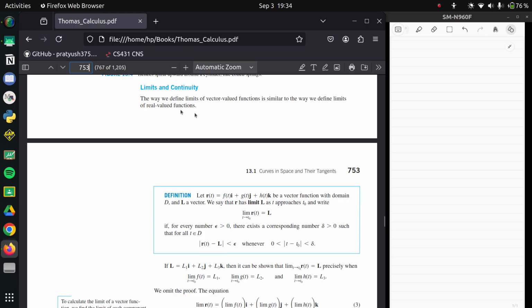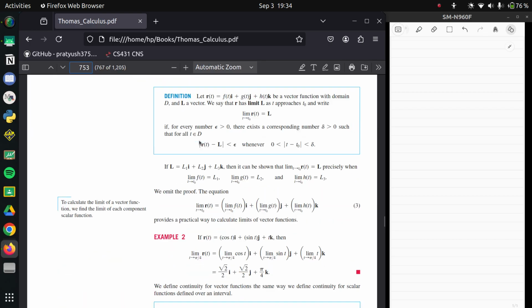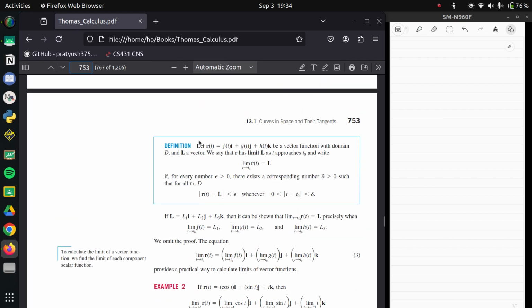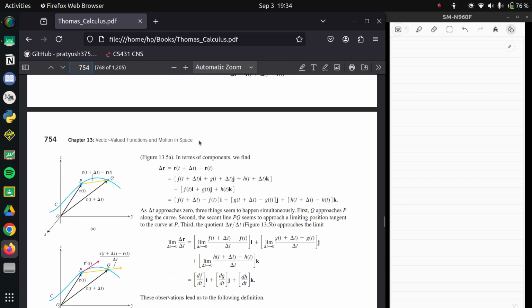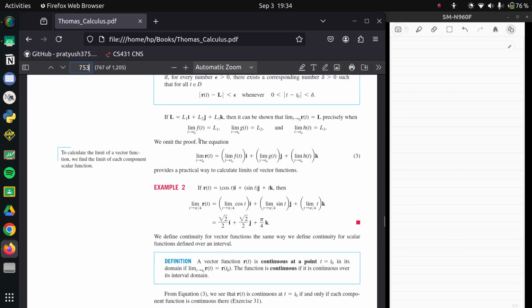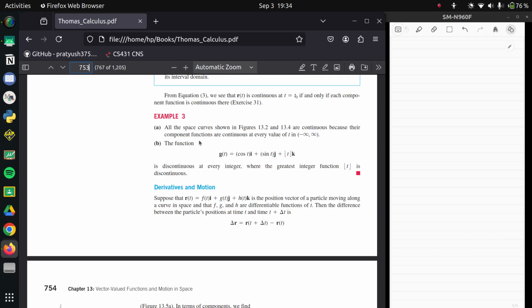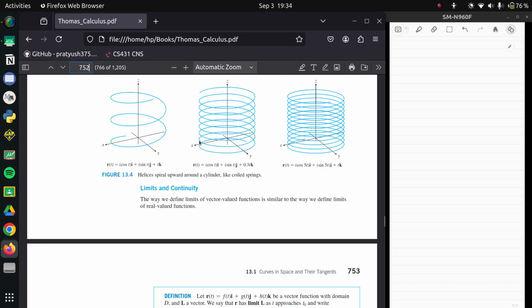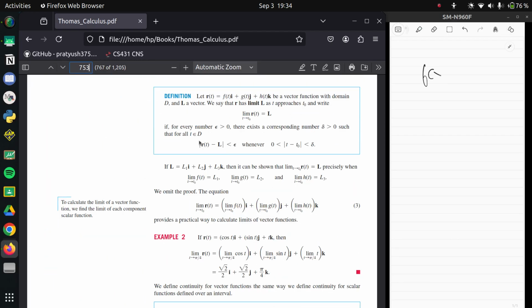So there's some limit continuity thing like the epsilon delta definition and all that, and I'm just going to skip all of these examples because I don't care about all of this. But once again, the definition basically is, let's say you have a vector valued function f of x vector.